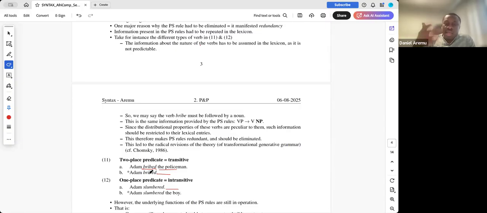So it gives us the arguments that any verb should take. So in 11b, we know from the lexicon that bribe should take two arguments, but in this case it only has one argument, and that's why it's ungrammatical, because where is the second argument?